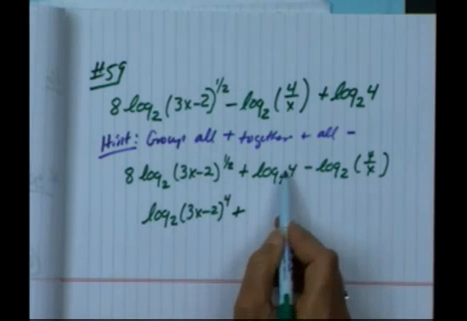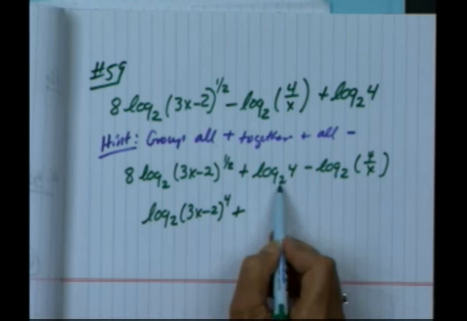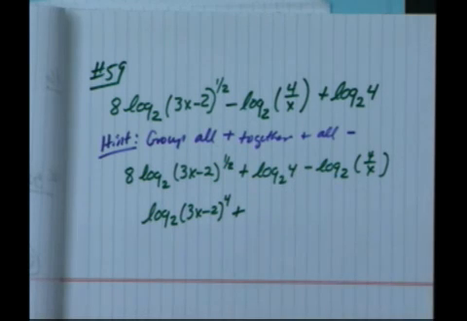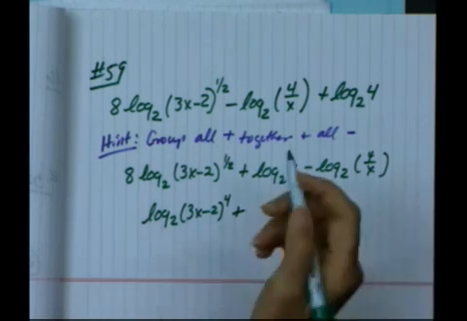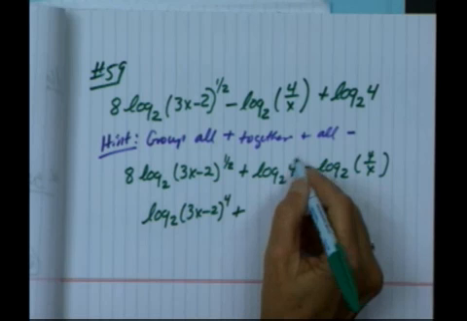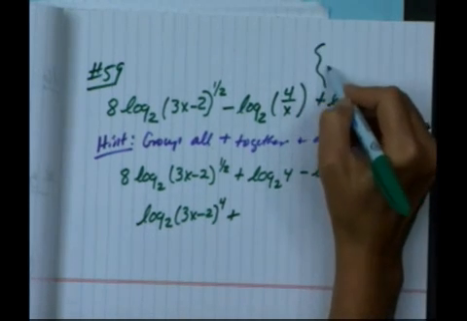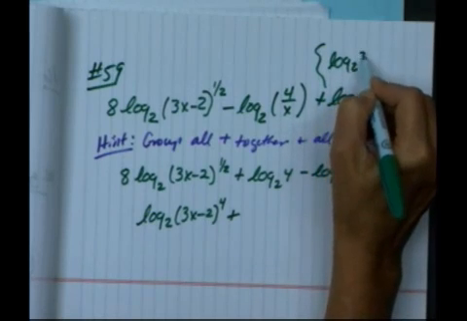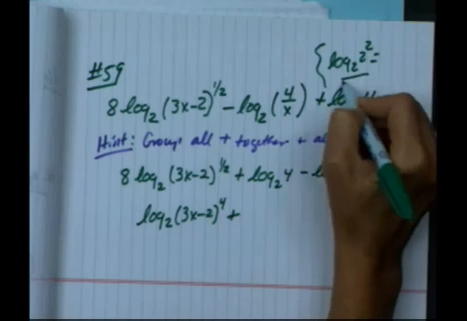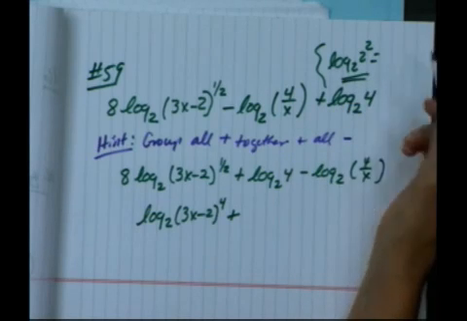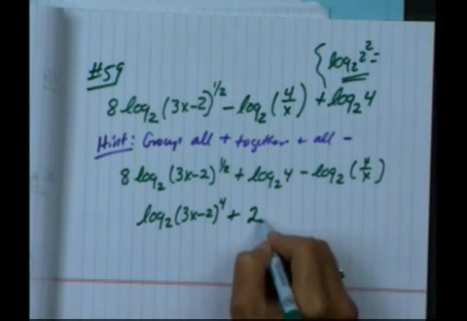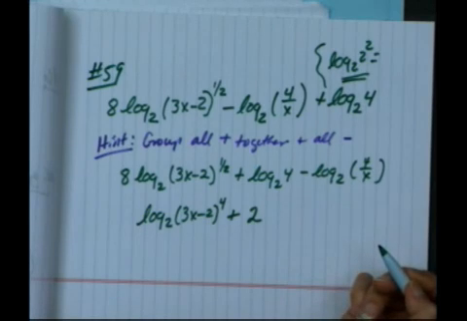And somebody tell me right away how to simplify log to the base 2 of 4. 2 squared. Okay, 4 is the same thing as 2 squared, correct? Log to the base 2 of 2 squared is equal to 2, right?